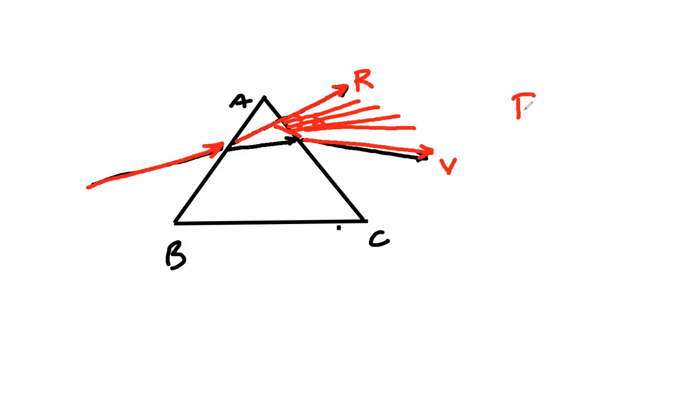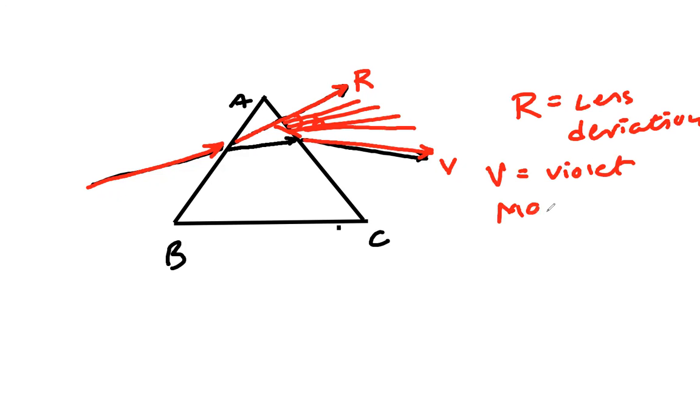So you can say that red color is having no deviation or less deviation, while violet is experiencing maximum deviation.